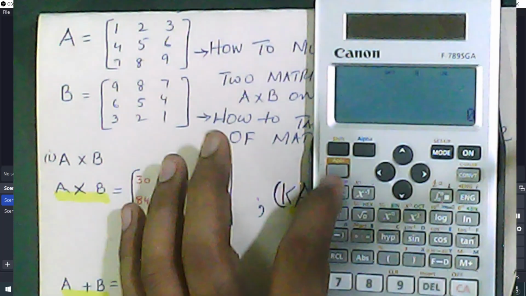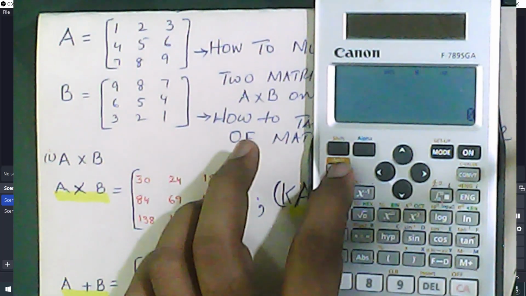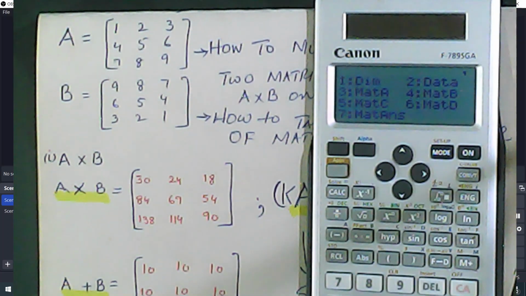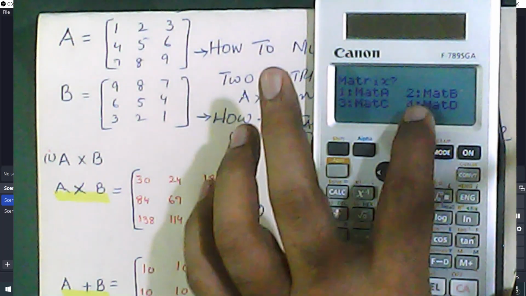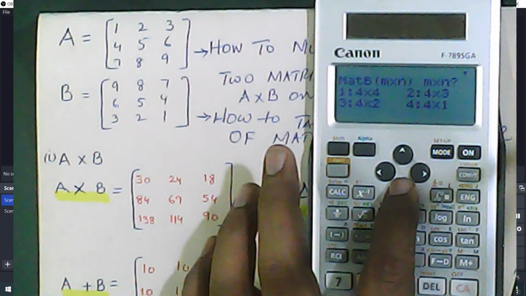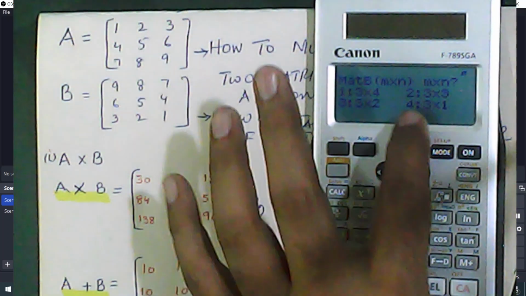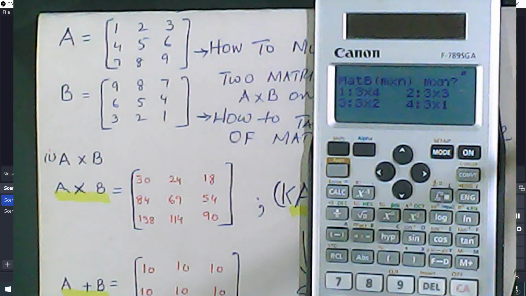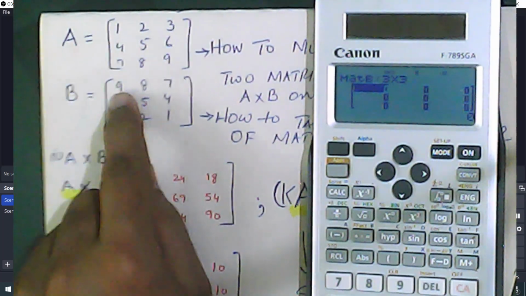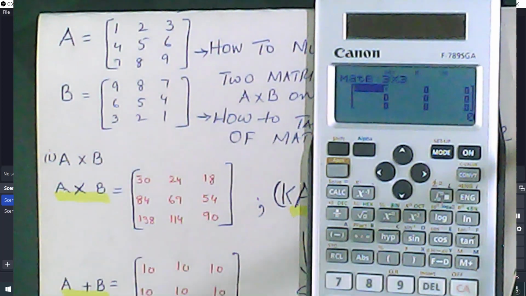Now you have to go to the application, and go to number 2 for the data. I press number 2 and it asks which matrix you want to select. I will select matrix B, so number 2, and again it asks for the dimensions of the matrix. It will again be 3 by 3, so I select 2, and it gives a 3 by 3 matrix. These are the values 987, 654, 321.